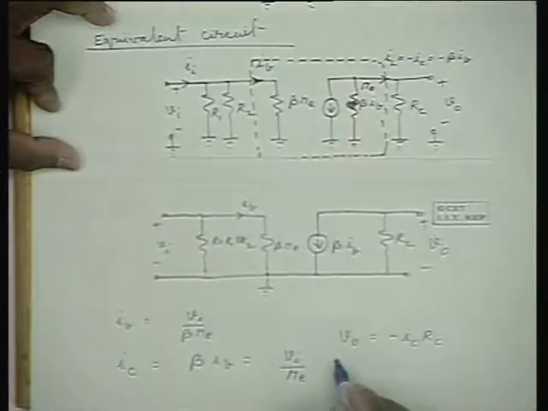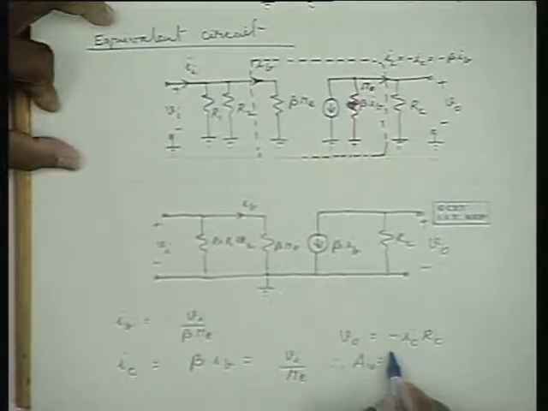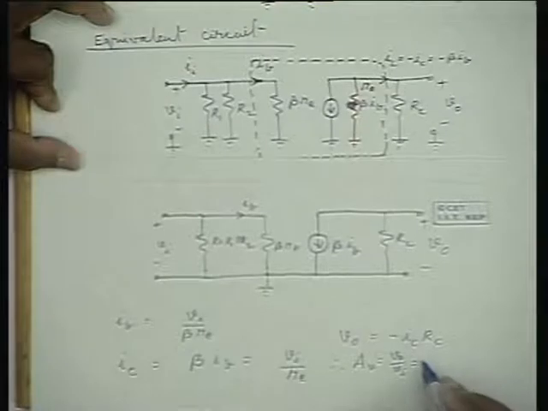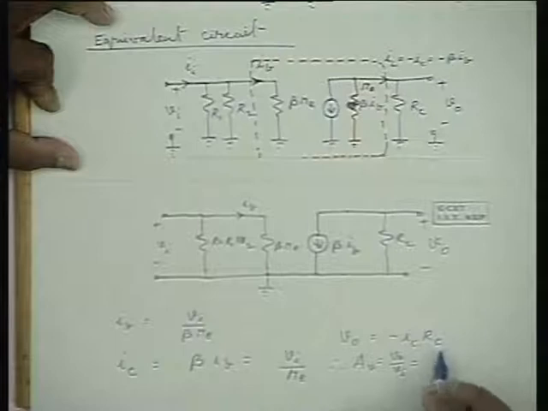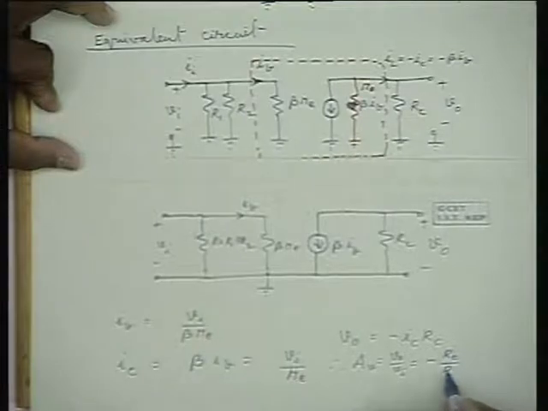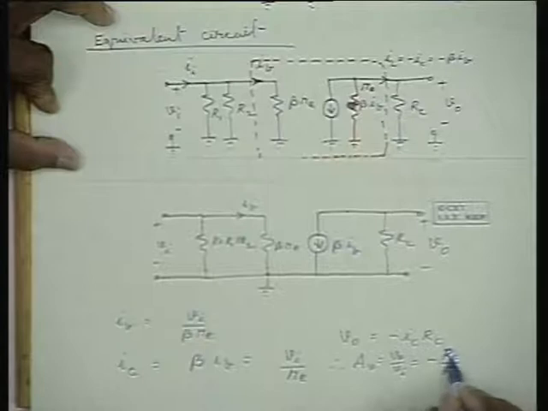Therefore, the voltage gain AV is equal to V0 by Vi, and by substituting, you will find this as minus RC by re. This is the expression for the voltage gain.